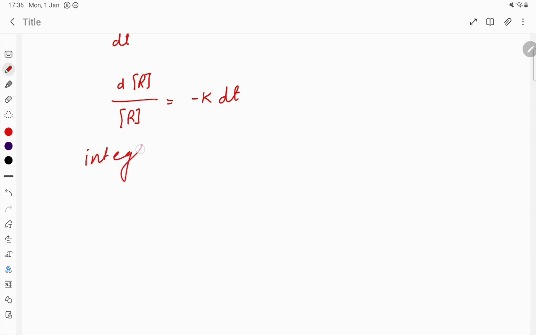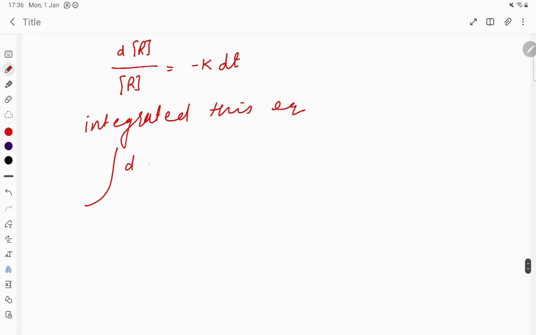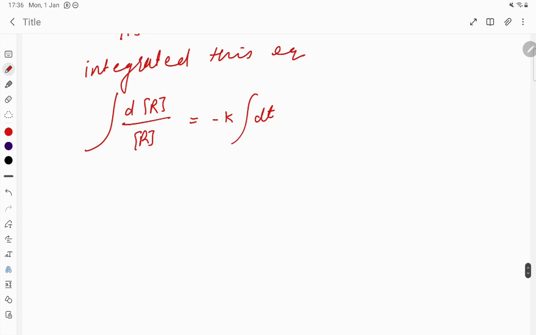Here we are going to integrate this equation, so you should know the rule of integration. Integral of dR upon R is equal to minus k integral of dt. On integration, the integral of dx upon x is ln x.